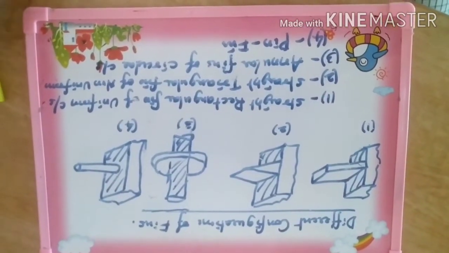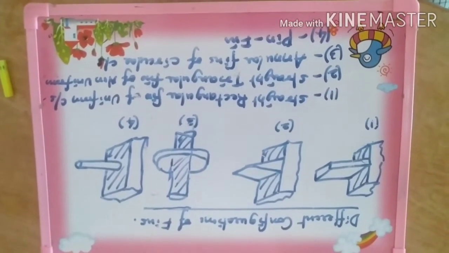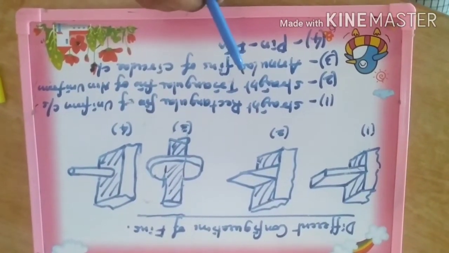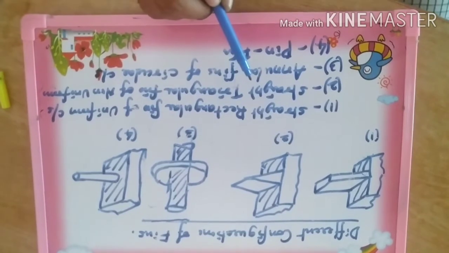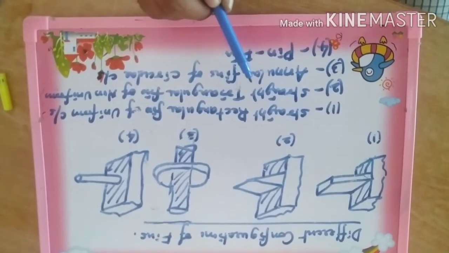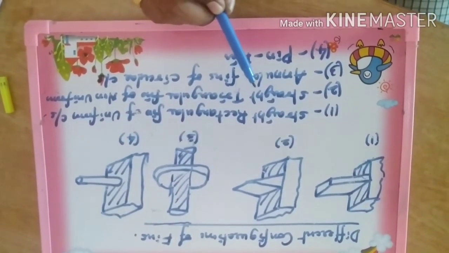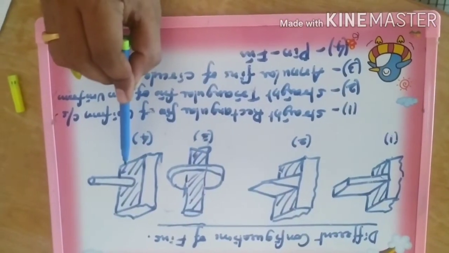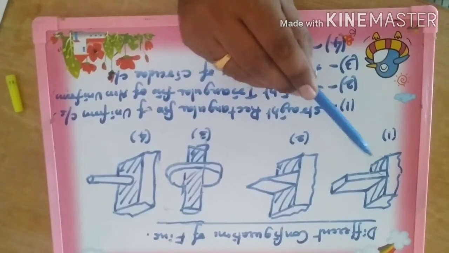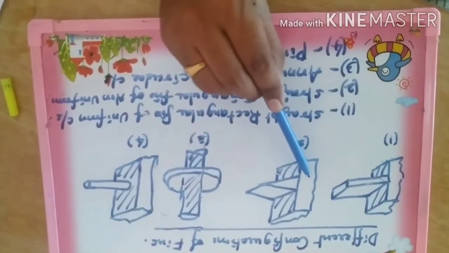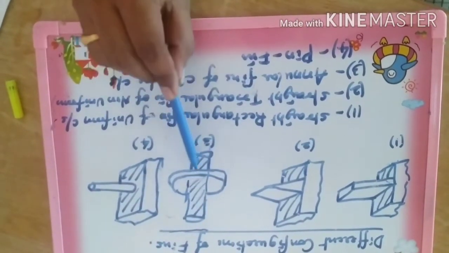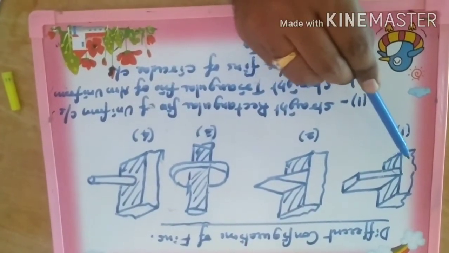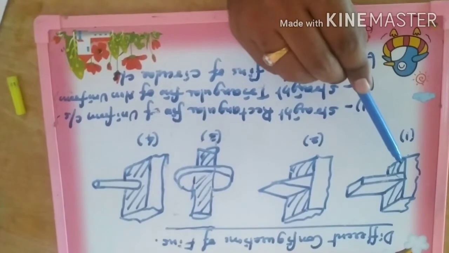At first, let us have a look at the various configurations of the fins. Basically, we come across different configurations; in the figure I have shown around 4 different configurations of fins. In all the diagrams, the hatched portion is the base surface.